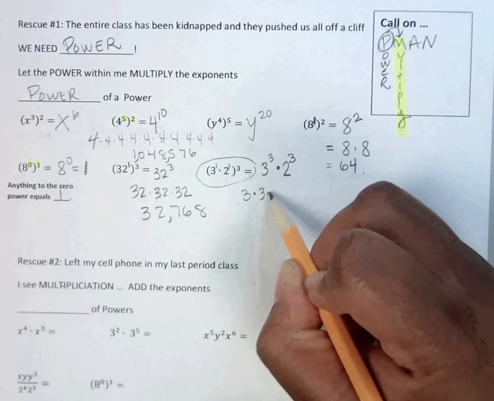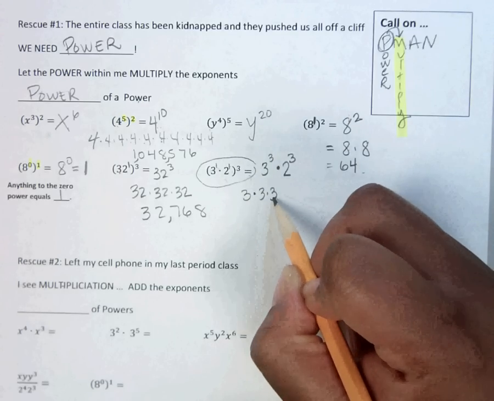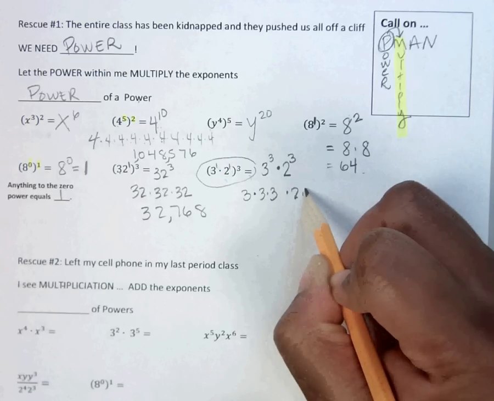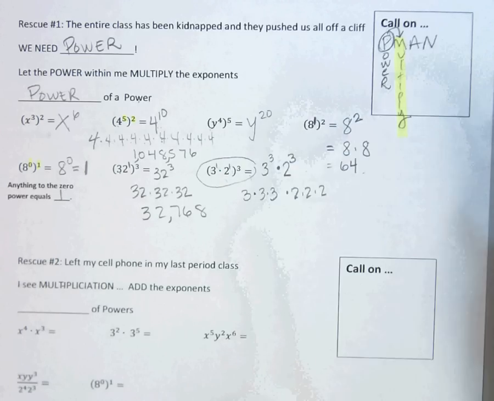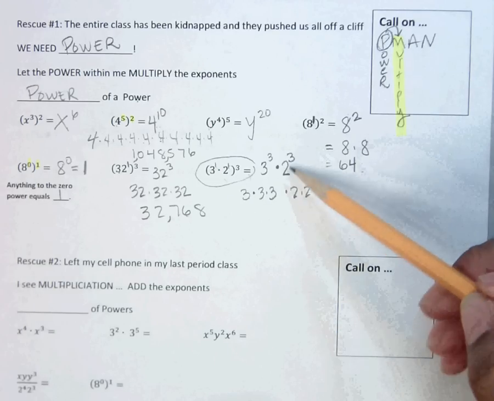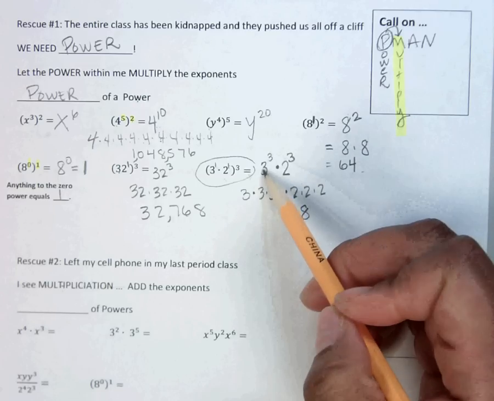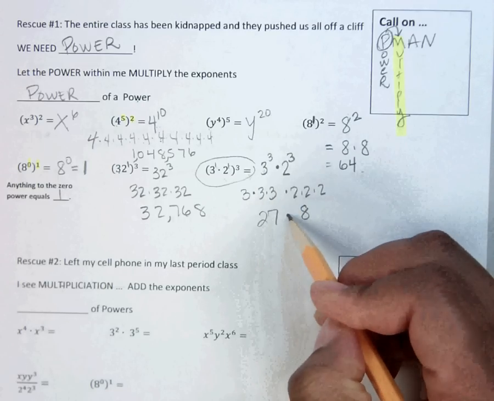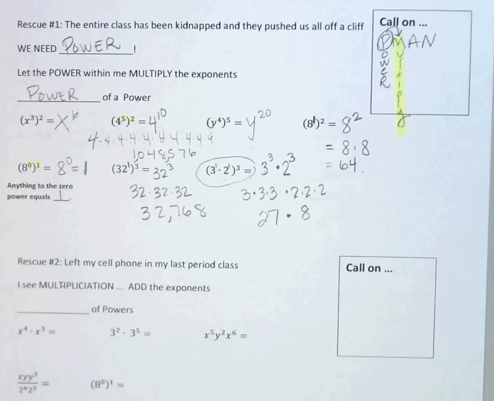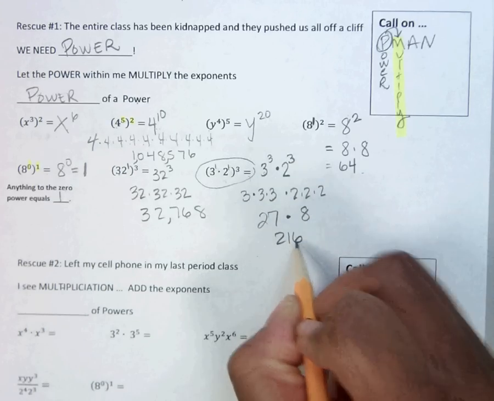And then it becomes 3 times 3 times 3 times 2 times 2 times 2. 2 cubed is not 6, it's 8. 3 cubed is not 9, it's 27. So we do 27 times 8, 216.